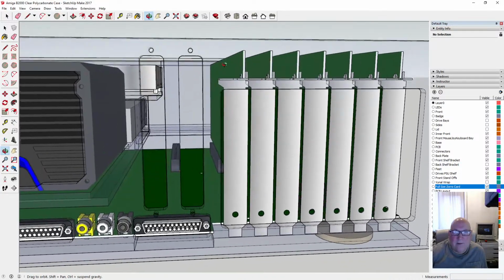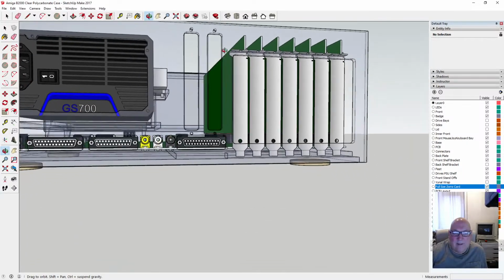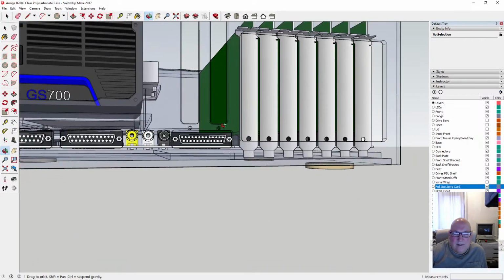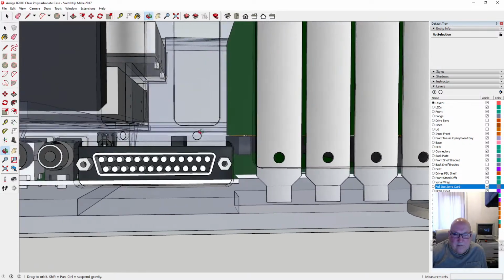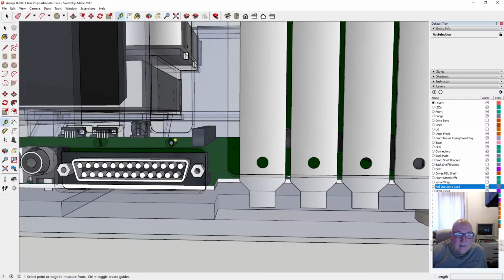Unless my holes are in the wrong place, which they're not. I tell you what, let's measure from this screw hole to the top of this, see if I got my stuff in the right place. 4.4 millimeters.